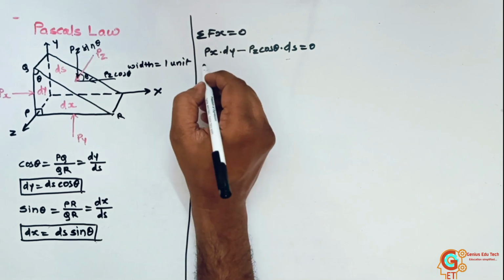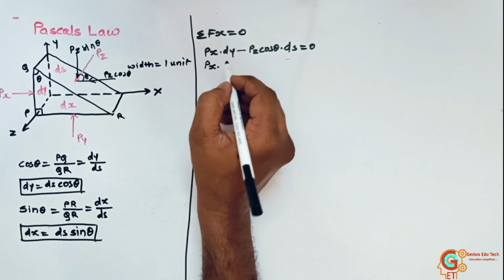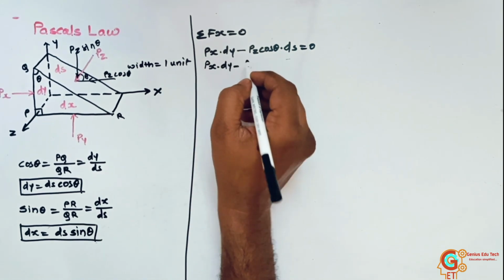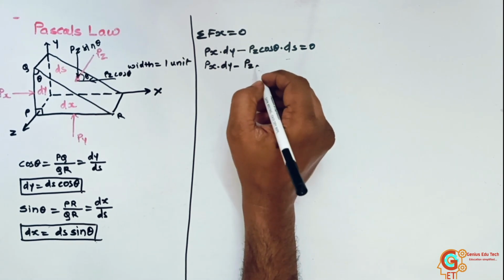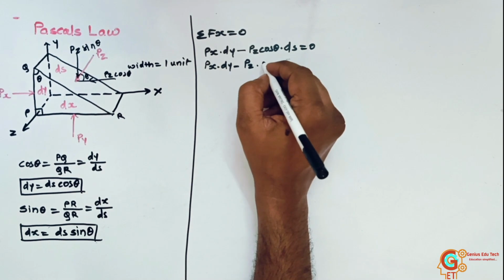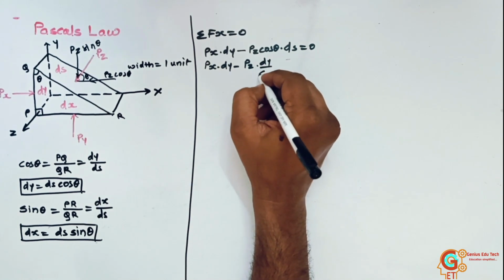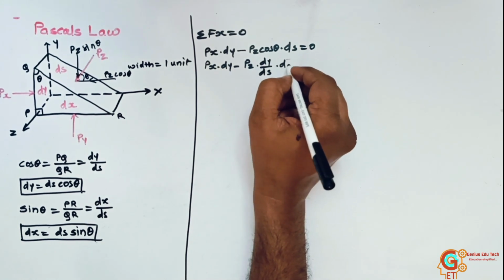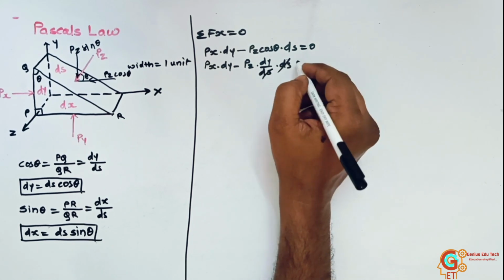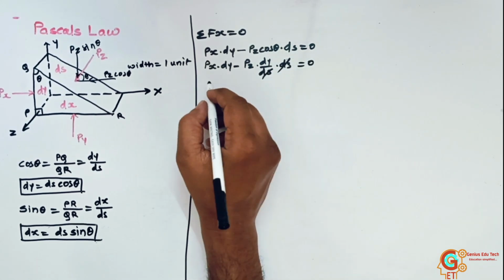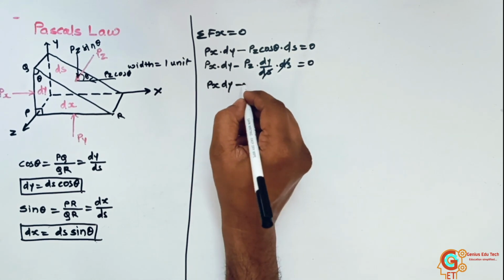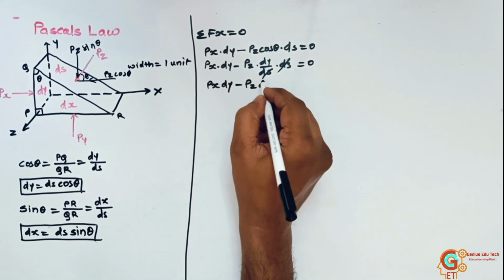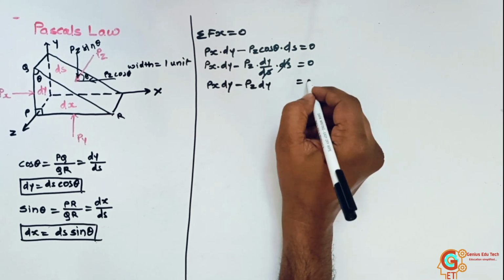So let us substitute: Px dy minus Pz, for cos theta I will substitute dy by ds, into ds. So I get the equation Px dy minus Pz dy is equal to 0.